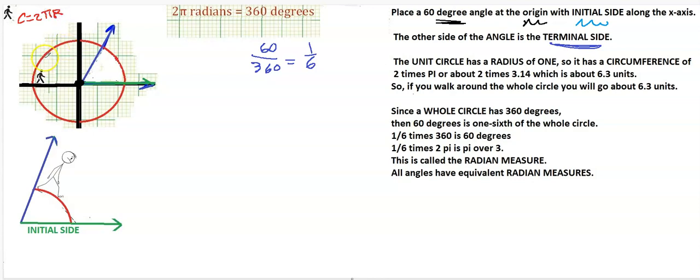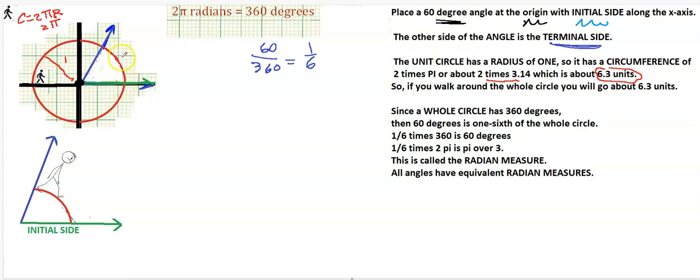But in this case, remember the radius was 1, so it's 2 pi times 1, or just 2 pi. But 2 pi is about 6.3 units. So if I walked all the way around the circle, I would go about 6 units. The circle has a 1 unit radius, so I'd go about 6 of them altogether.